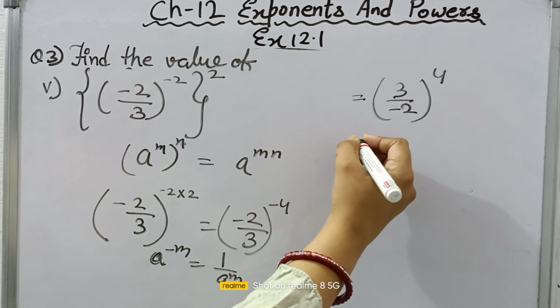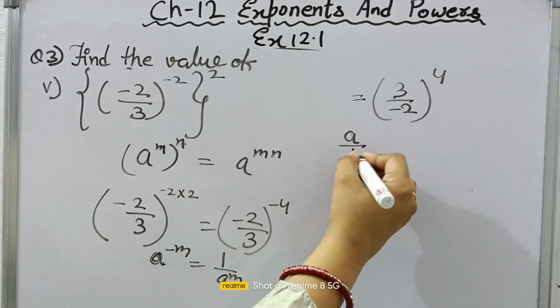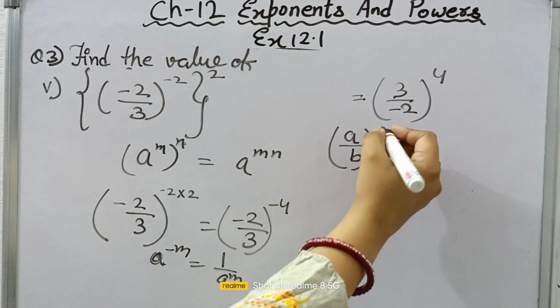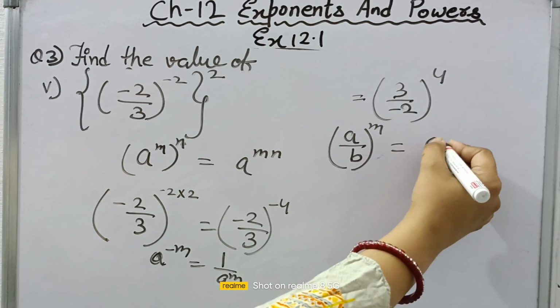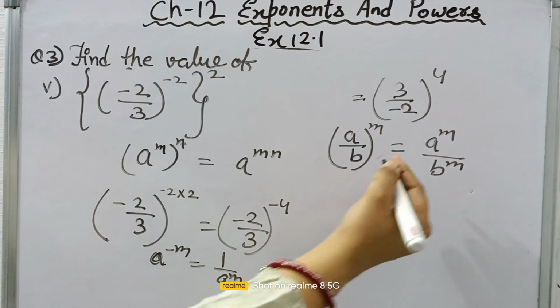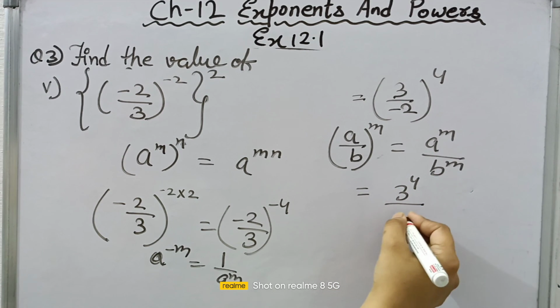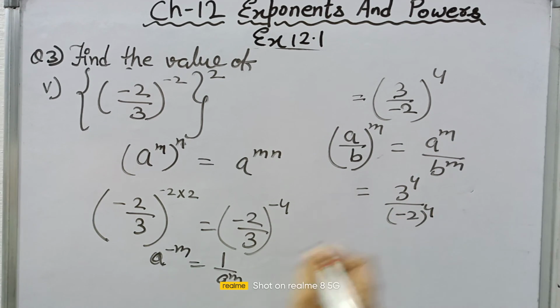Right? Another law is (a upon b) whole to the power m is equal to a to the power m upon b to the power m. Apply this to this expression and we will get 3 raised to the power 4 and -2 raised to the power 4.